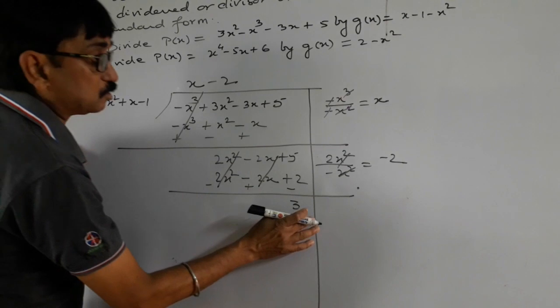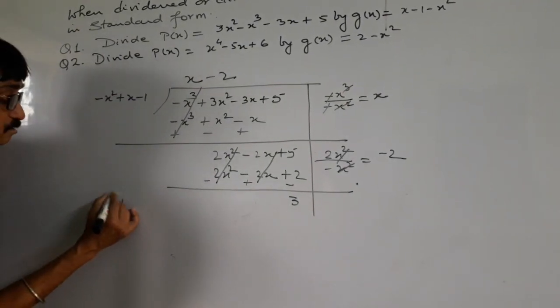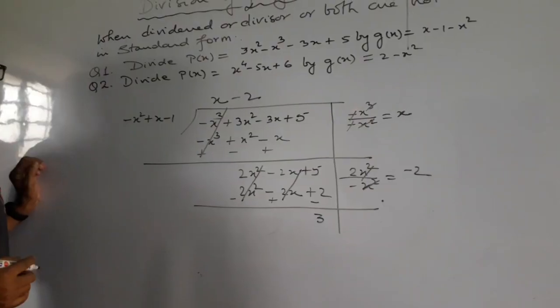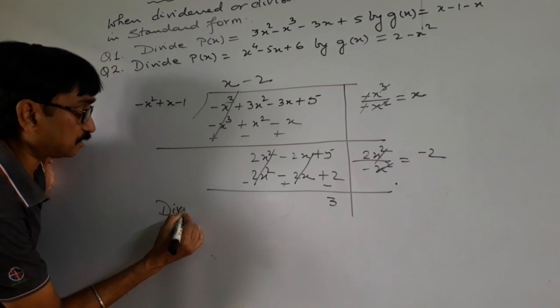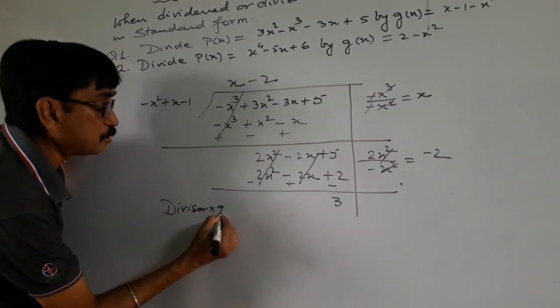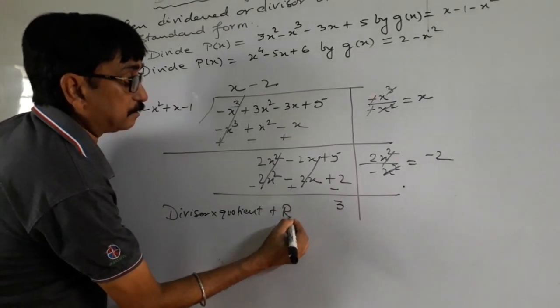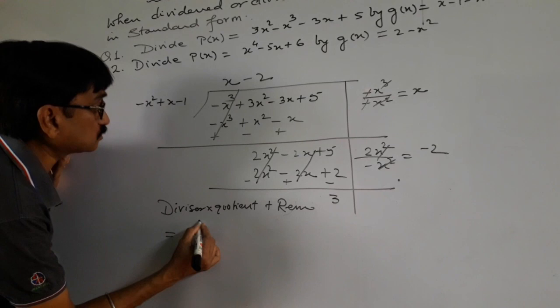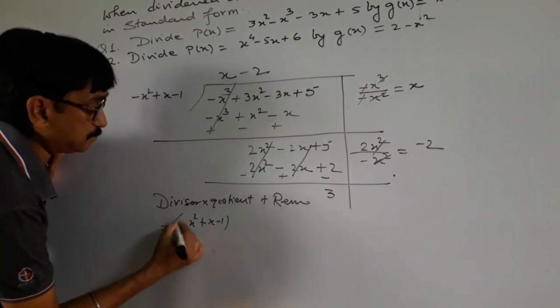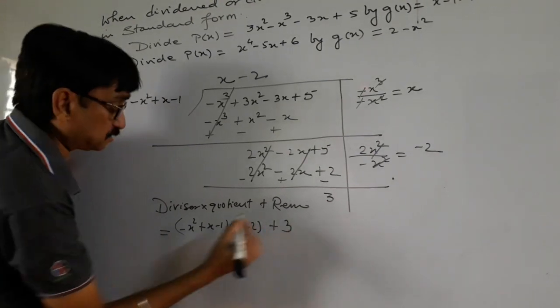So our division stops. Now let's do the verification. The RHS of that relation is divisor into quotient plus remainder. That is, the divisor is minus x square plus x minus 1, the quotient is x minus 2, and the remainder is plus 3.